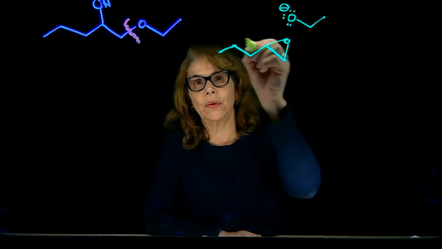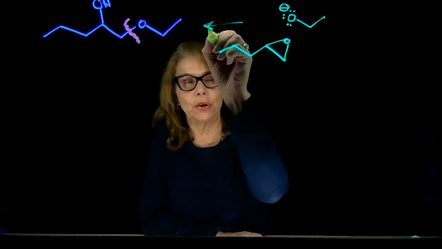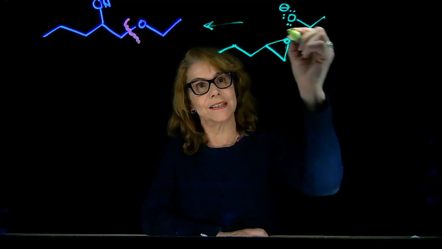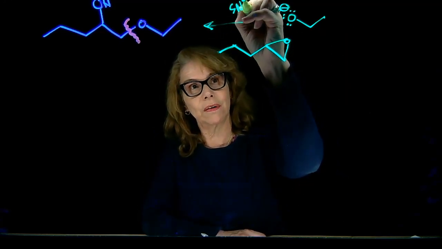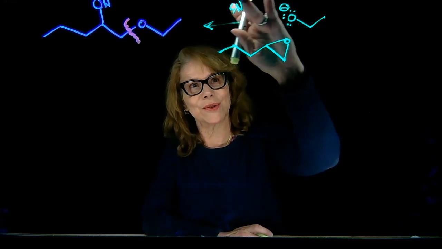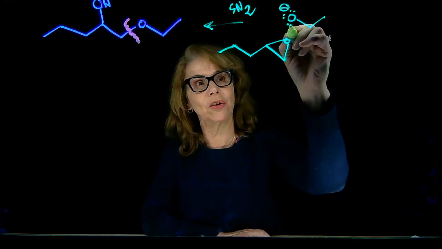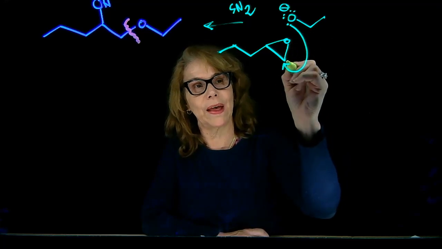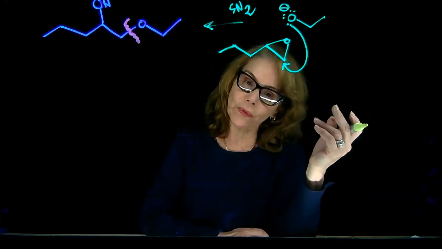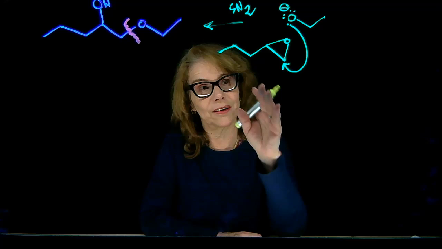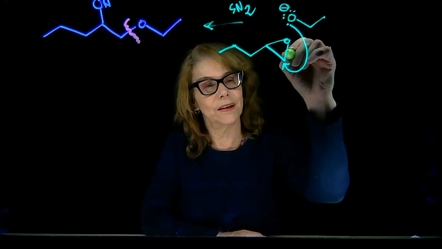And to go from here to here using these two molecules, this is an SN2 reaction. And this is a nucleophilic attack, or remember that the nucleophile will attack on the carbon that is less hindered.